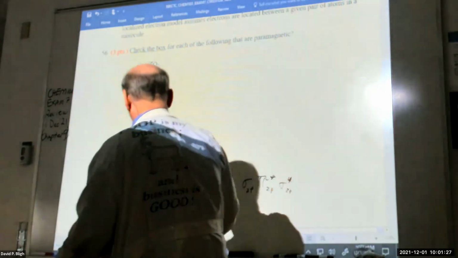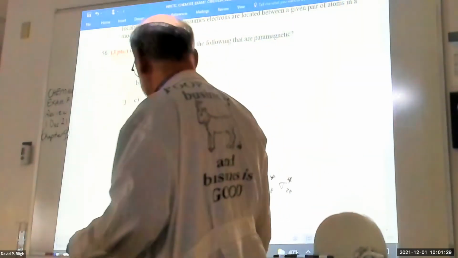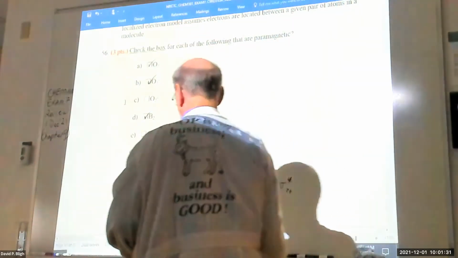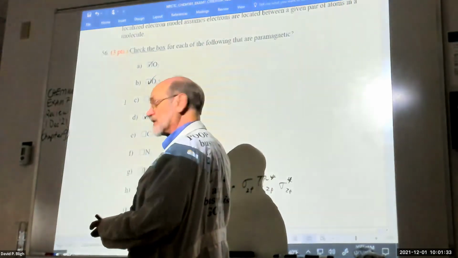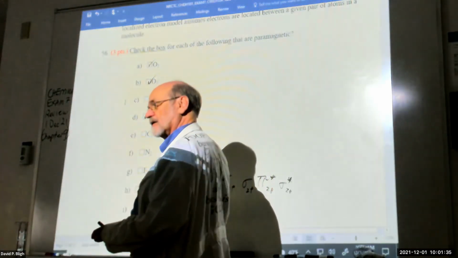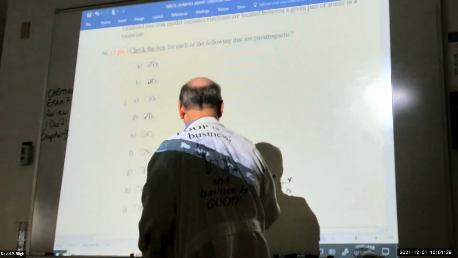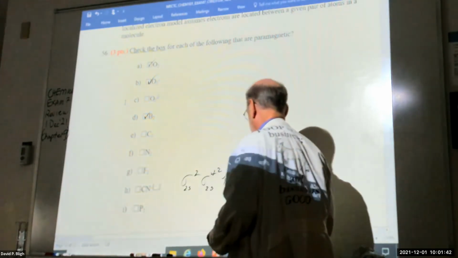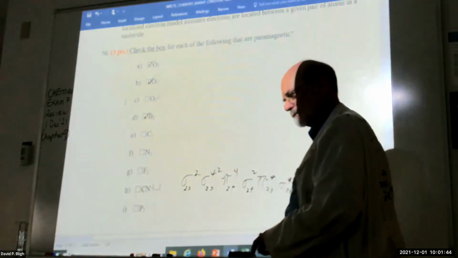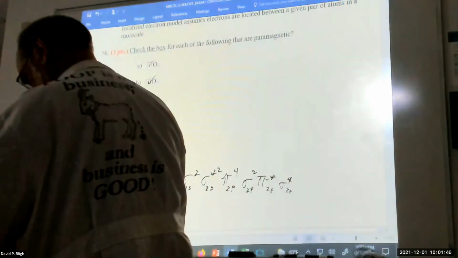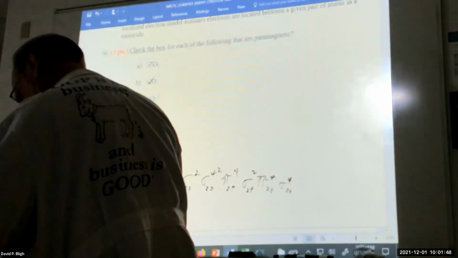We may not need all of them. Valence electrons: carbon has 4, nitrogen has 5, that's 9, plus 1 is 10, because this is an ion. So we need 10. 2, 4, 8. That would be diamagnetic. So far, so good.